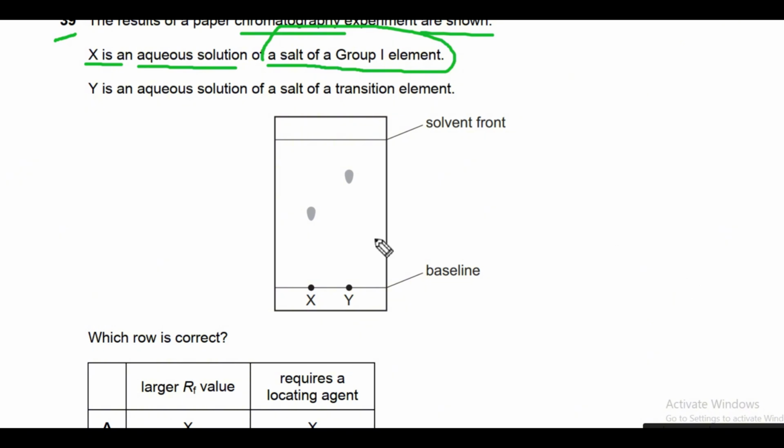Y is an aqueous solution of a salt of a transition element, and transition element salt solutions are colorful. Now you see the baseline: X moves this distance, Y moves a greater distance from the baseline. So the Rf value of Y will be greater than X. This is the solvent front.